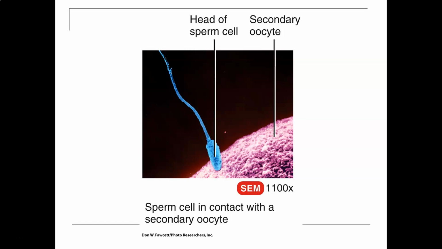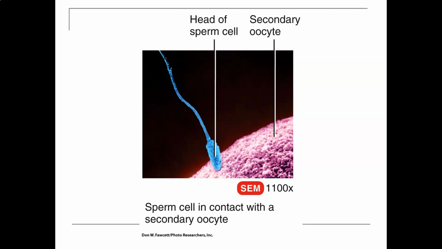Okay, I want to stop here for a moment and just talk briefly about timing here. The egg cell, once it's ovulated, has only 24 hours to be fertilized and then develop into a viable zygote and embryo. After that, it degenerates.